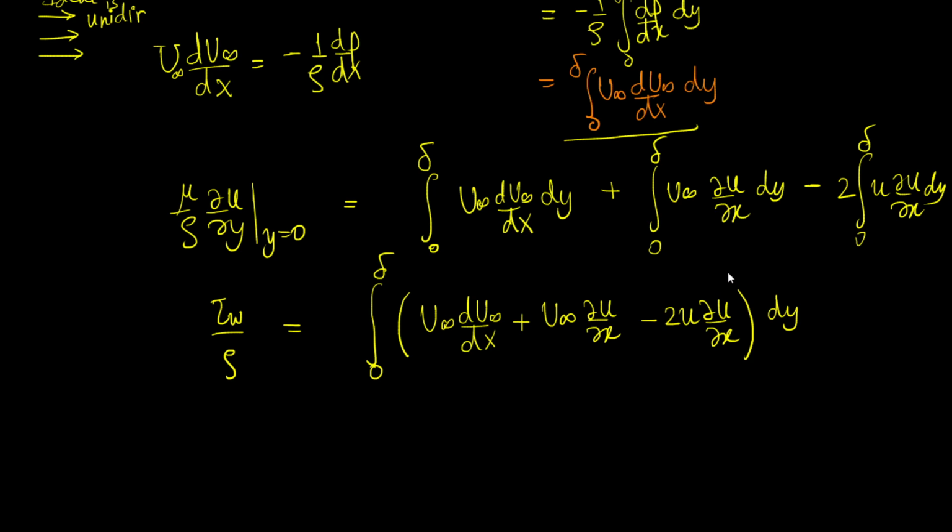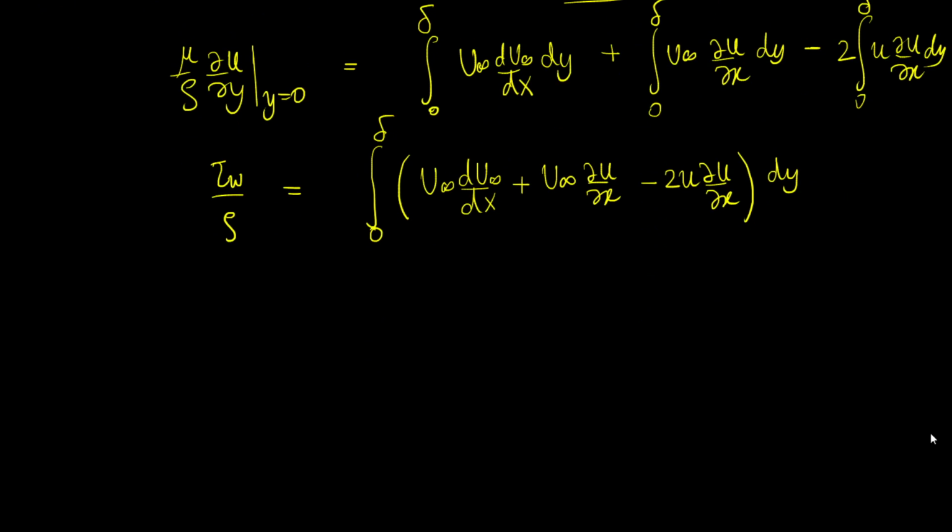So now we can simplify this further actually. Let us combine certain terms. So this can be written as 0 to delta. This particular term is going to be d dx of half u infinity square.